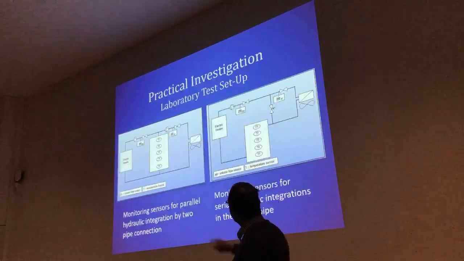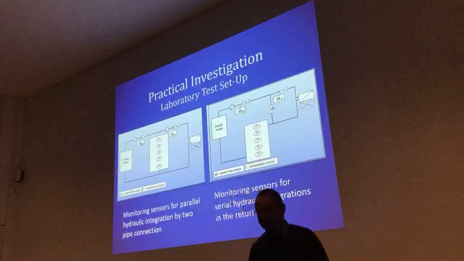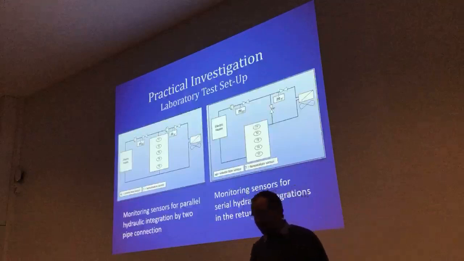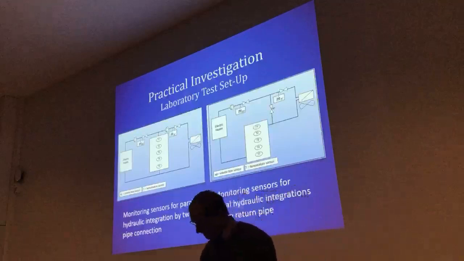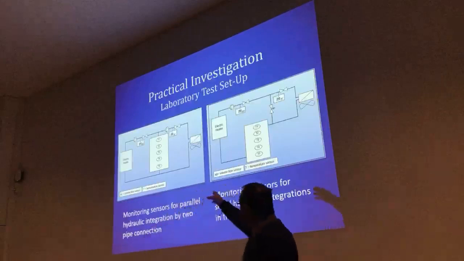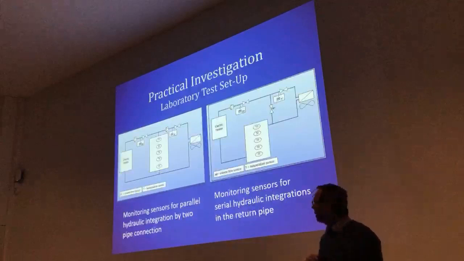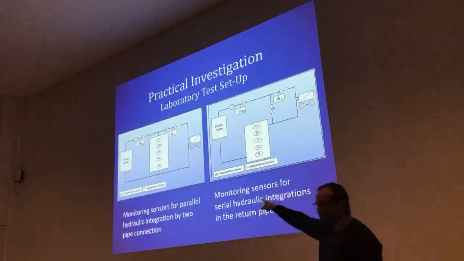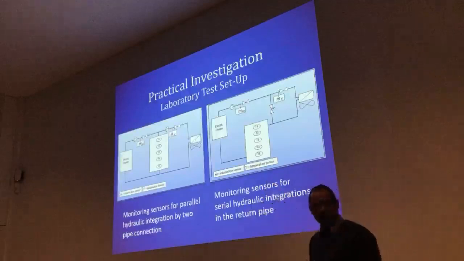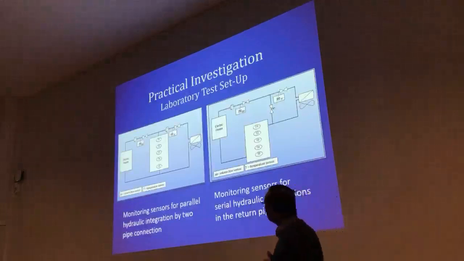The consumer was a water-to-air heat exchanger with a 7-speed fan to control the heating load. And then we put in a storage tank with a volume of 200 liters, and that storage tank was equipped with equally spaced temperature sensors to see the temperature profile over the storage tank.